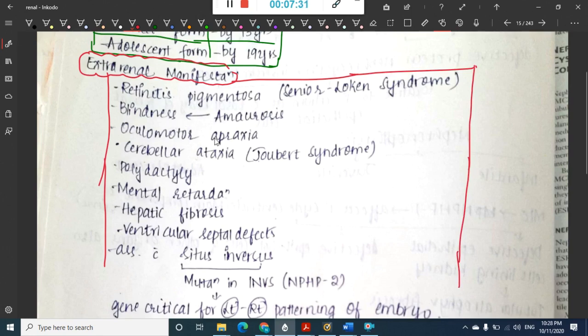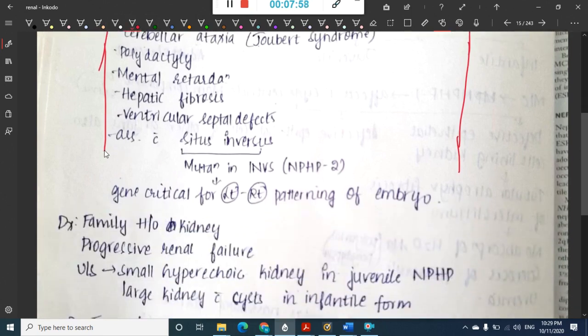Then there is ocular apraxia and cerebellar ataxia, which is called Joubert syndrome, and we have polydactyly, mental retardation, hepatic fibrosis, ventricular septal defect, and it is also associated with situs inversus because of mutation of the INVS gene.